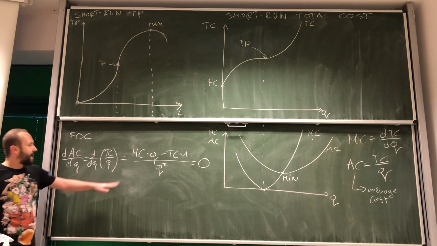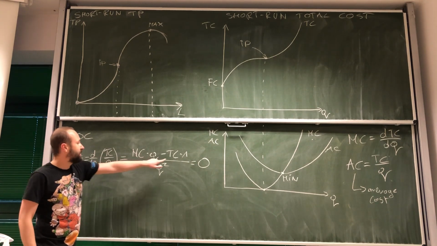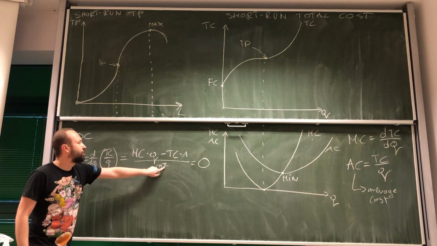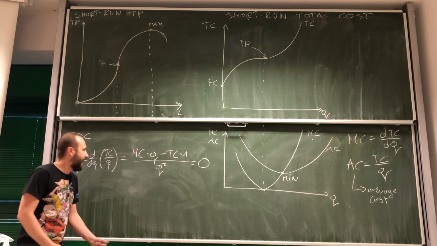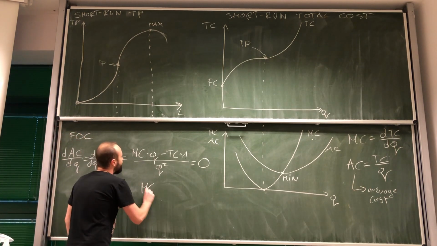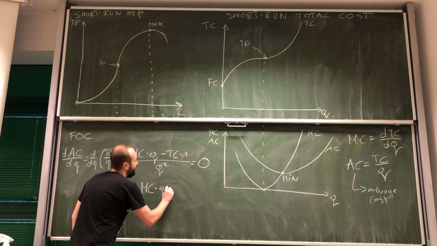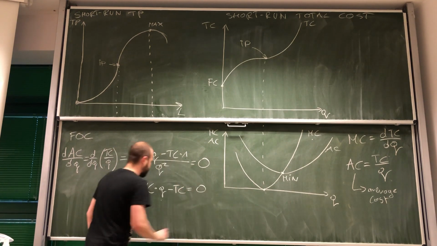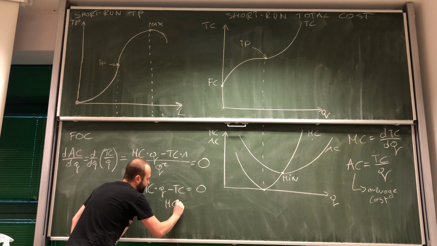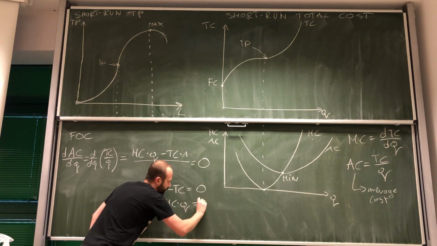And look, again, this one doesn't change anything. Q squared is not introducing anything to us, so we get marginal cost times quantity minus total cost is equal to 0. So marginal cost times quantity equals to total cost.